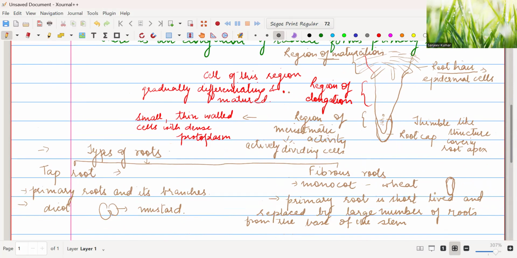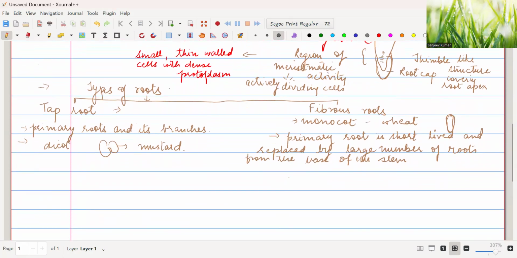So it's clear that a tap root is in the dicots, and a fibrous root is the characteristic of the monocots.